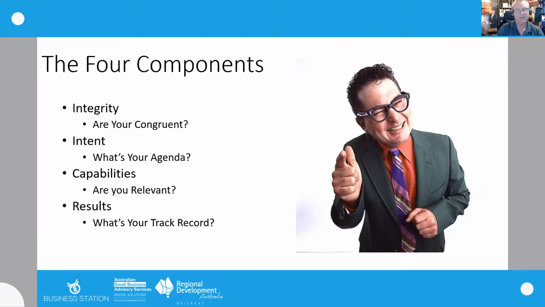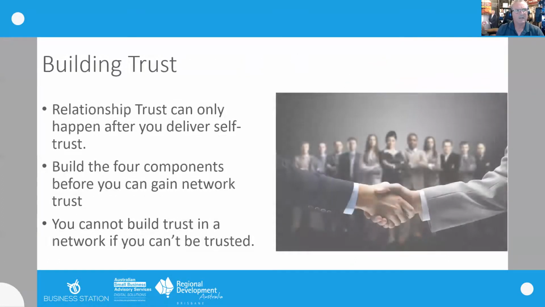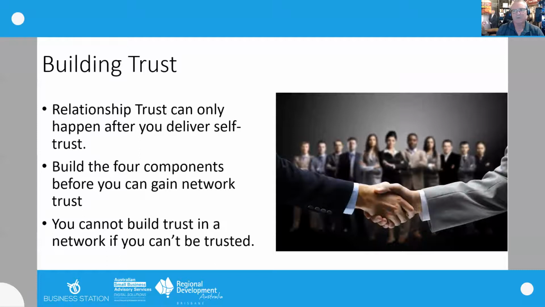And then the other 2 areas are those things that they're going to be looking for. The capabilities. Are you relevant? Are you the right person? Are you relevant in this particular situation? And then they're going to be looking for some verification of, okay, have they done this before, and what's their track record? So that concept of success breeding success is really, really important.